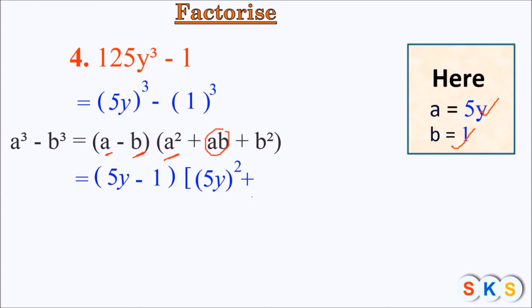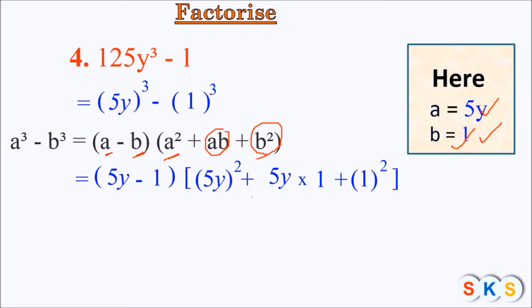And what is the value of a? 5y. And what is the value of b? It's 1. So a into b means 5 into 1. So we will write here 5 into 1 plus the last term b square. And what is the value of b? You can see in the rectangular box it is given as 1. So we will write here 1 the whole square. We will close the bracket.